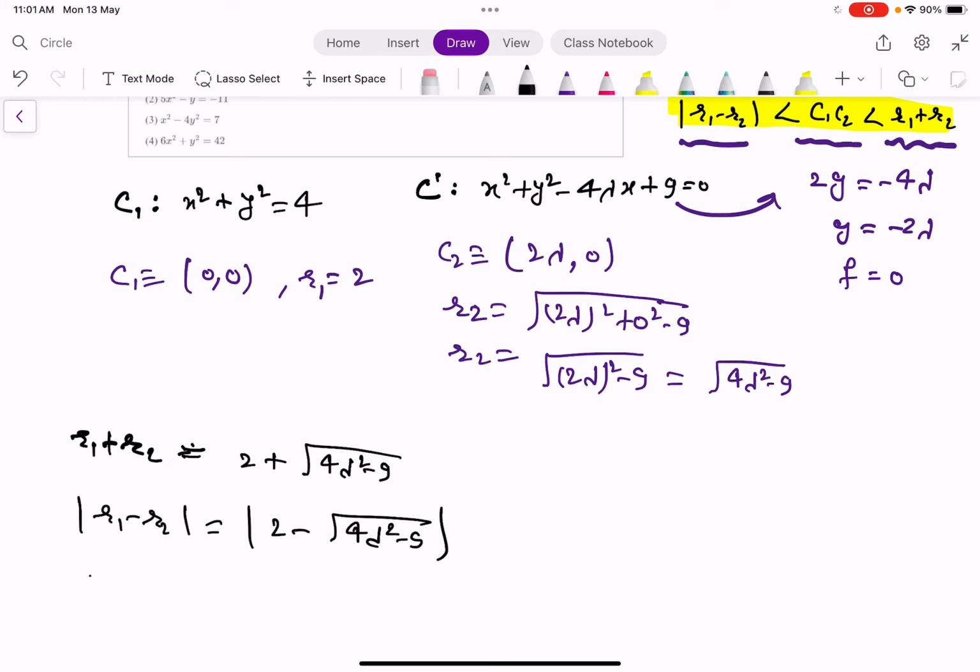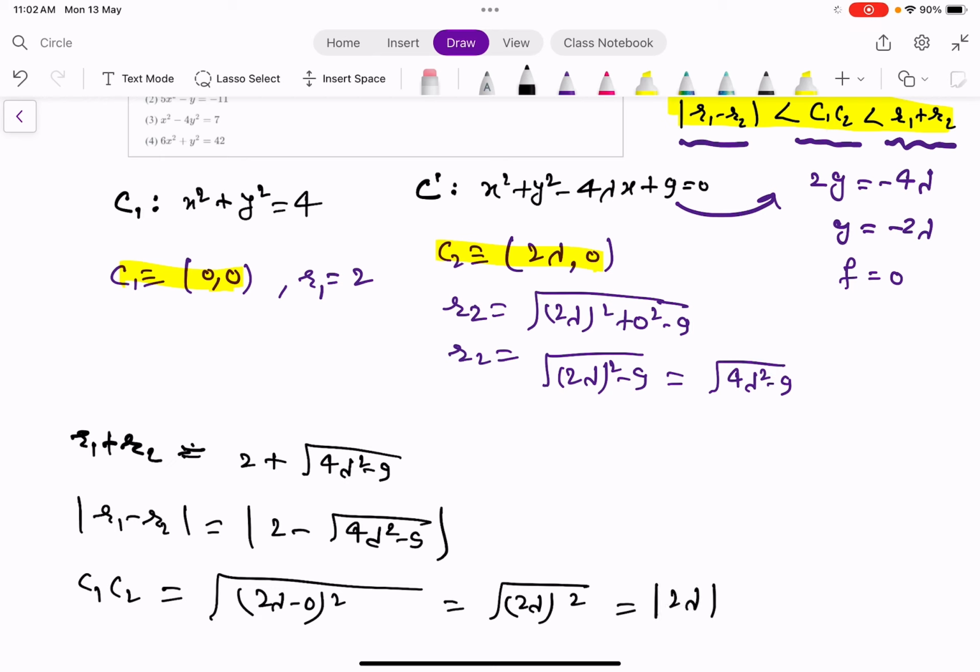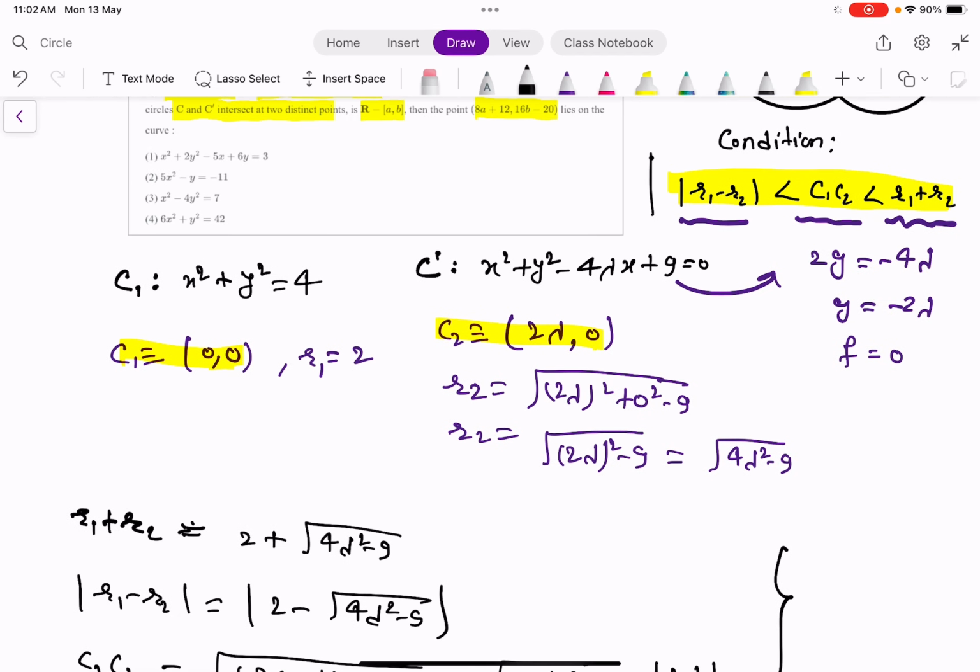The distance between c1 and c2 is under root of (2 lambda minus 0) whole square plus (0 minus 0) whole square, that is under root of (2 lambda) whole square, which is mod of 2 lambda. So we got all these values, and now we are going to substitute them in the condition.